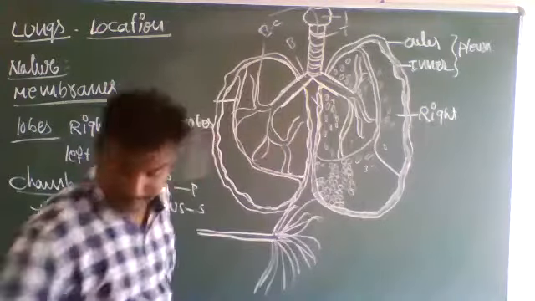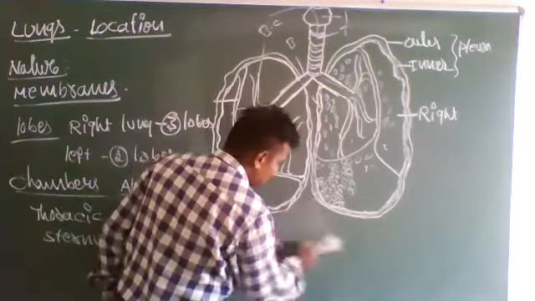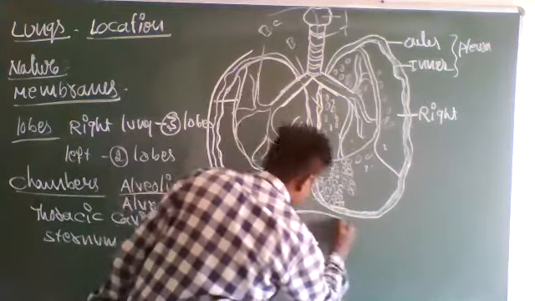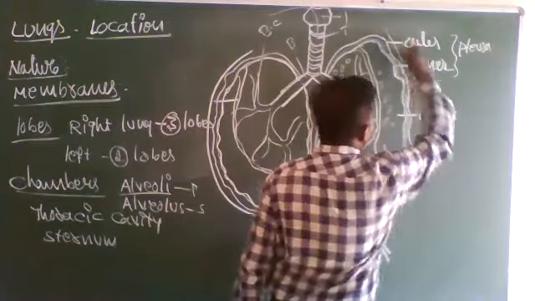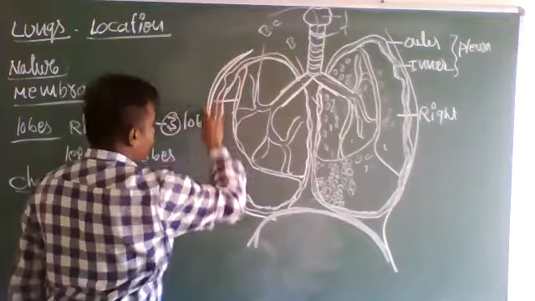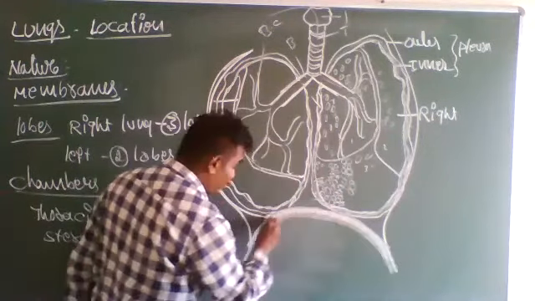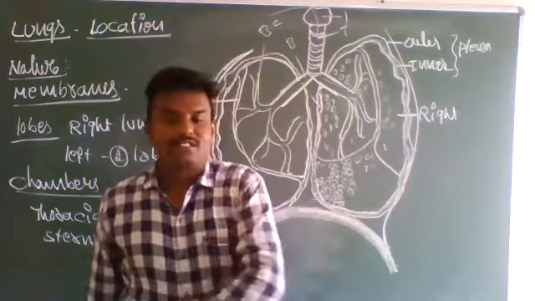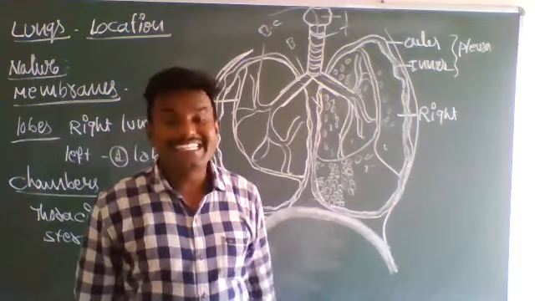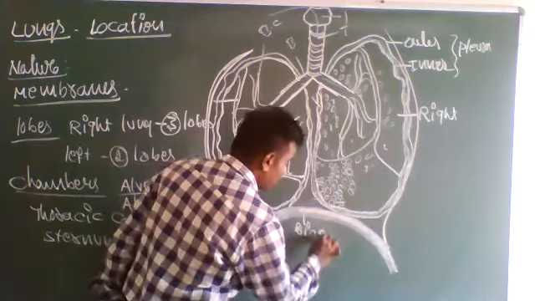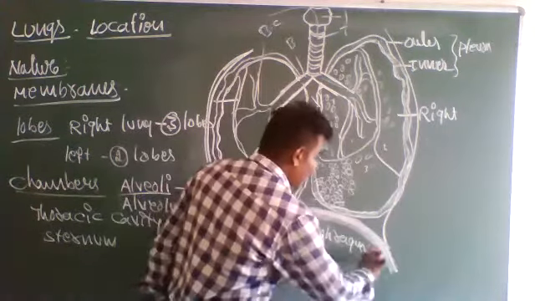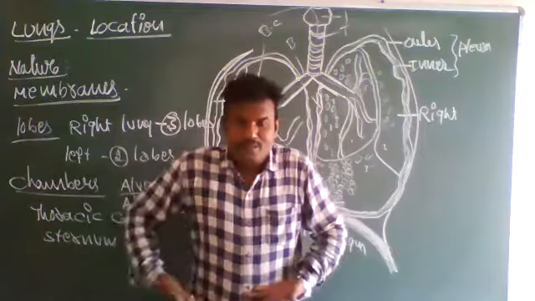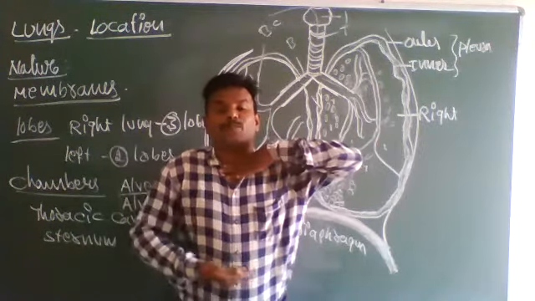Downside, in our body, like this, this is a dome. A reverse U-shaped or dome-shaped muscle is called the diaphragm.